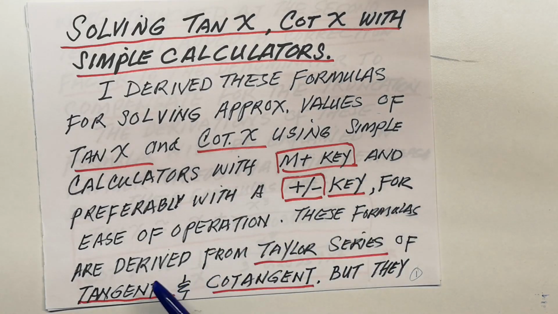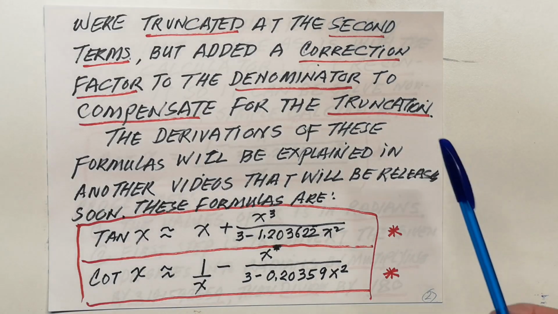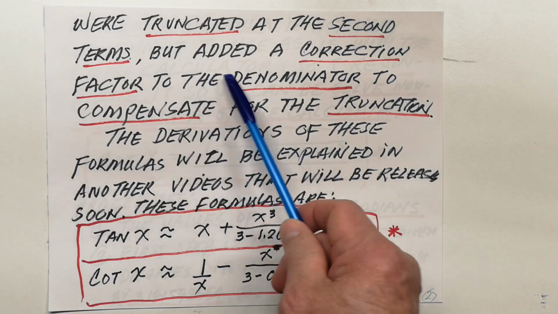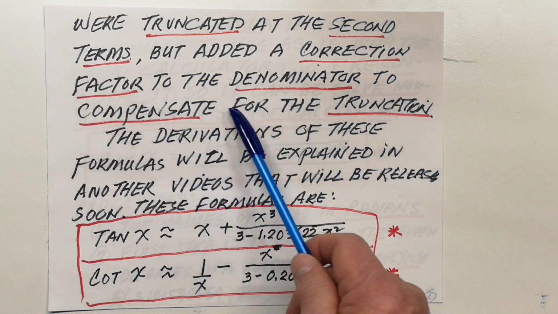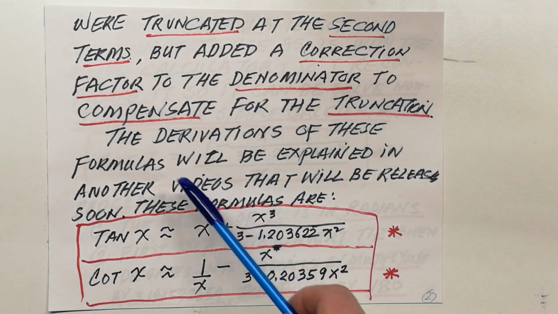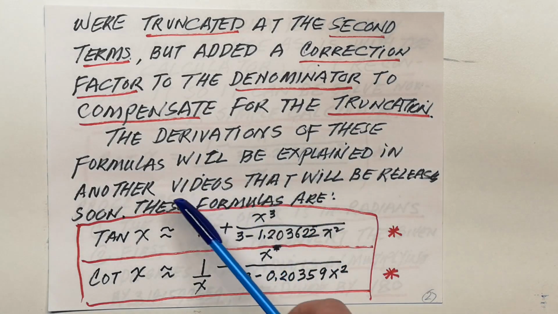These formulas are derived from Taylor series of tangent and cotangent, but they were truncated at the second term, but added a correction factor to the denominator to compensate for the truncation. The derivation of these formulas will be explained in other videos that will be released soon.